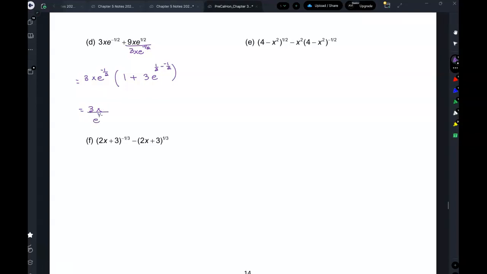No, e to the 1/2, 1 plus 3e. Okay, another way of writing this is 3x, 1 plus 3e over, I don't know, root e. Both of these are okay, all right? But if you're solving a multiple choice question, the solution can look like anything, okay? All right, here.